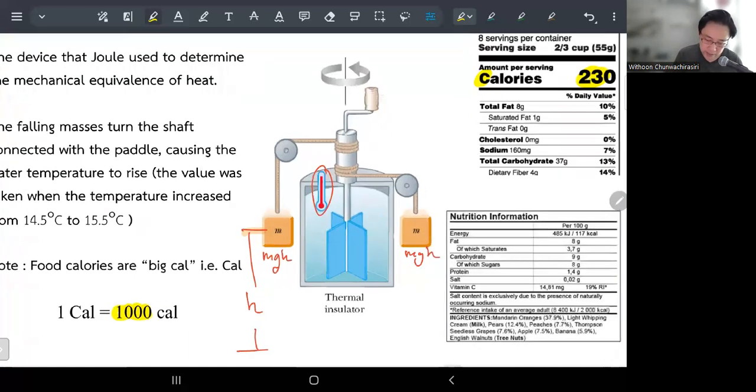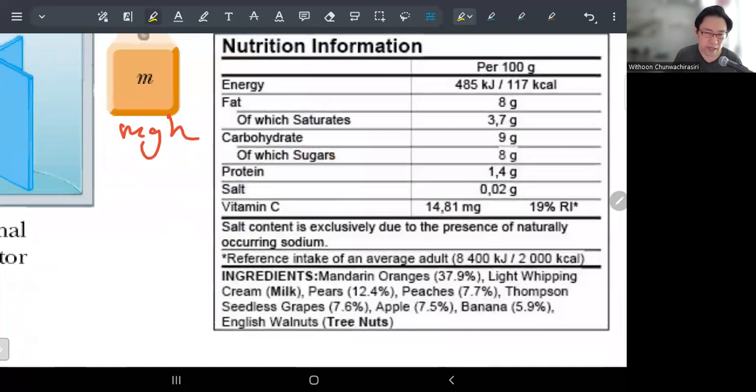If you look at the food packaging, mainly in Europe, in the EU, I think they're good. They already give you two units for you. That's kind of nice, right? So you don't have to do the conversion. It's already given in kilojoules for those of you that prefer the metric or SI system, and then it's also given in kilocalories.